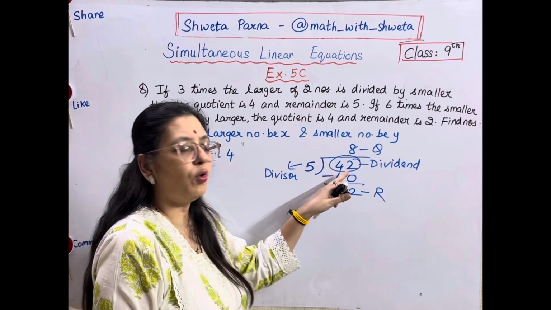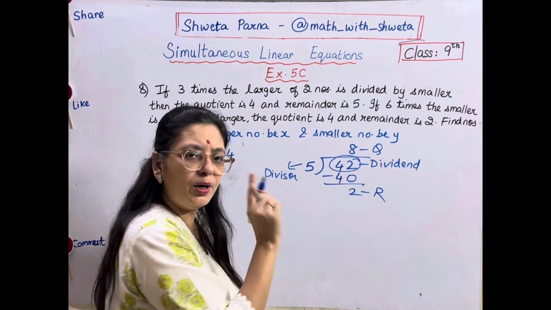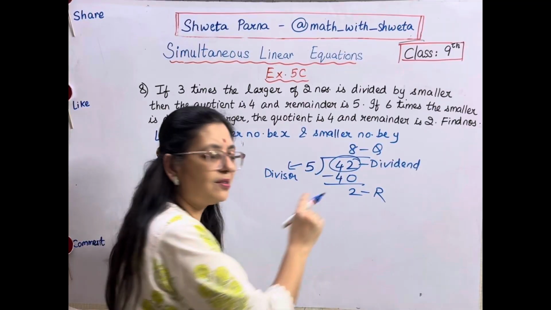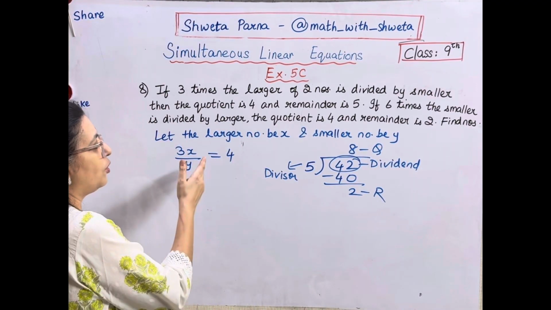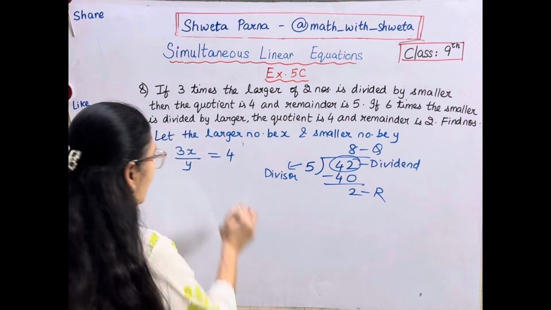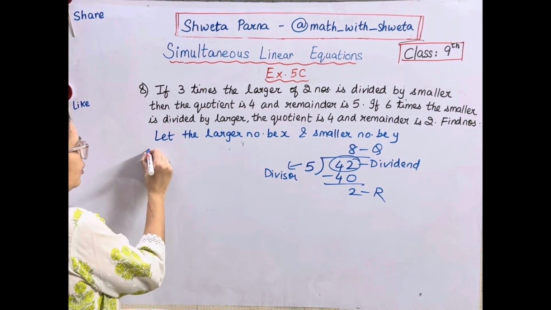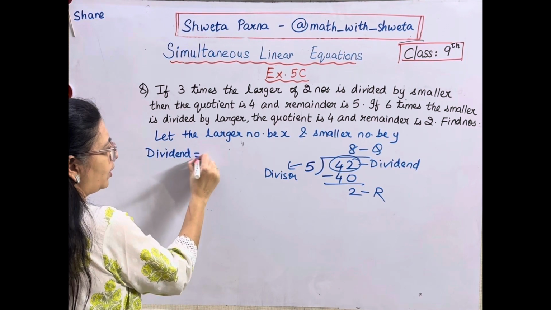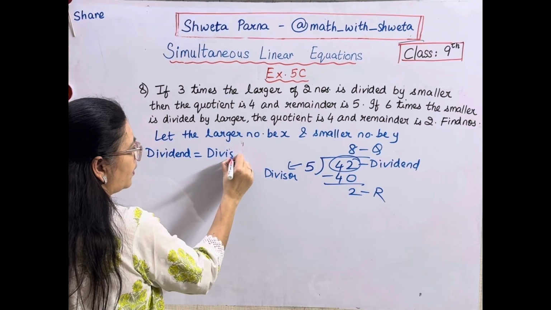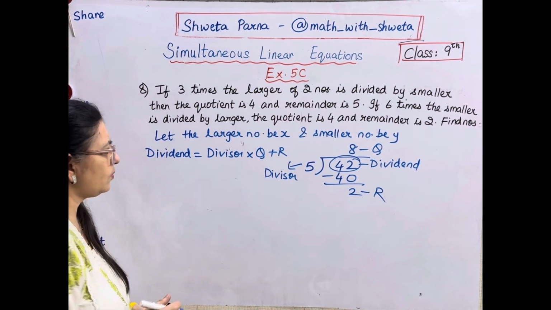If I want to get the dividend, what is the rule? 5 into 8 we do, which is 40, plus remainder. Same thing you are going to do over here. I purposely did this so that you understand this. So, what is the rule? The rule is dividend is equal to divisor into quotient plus remainder.